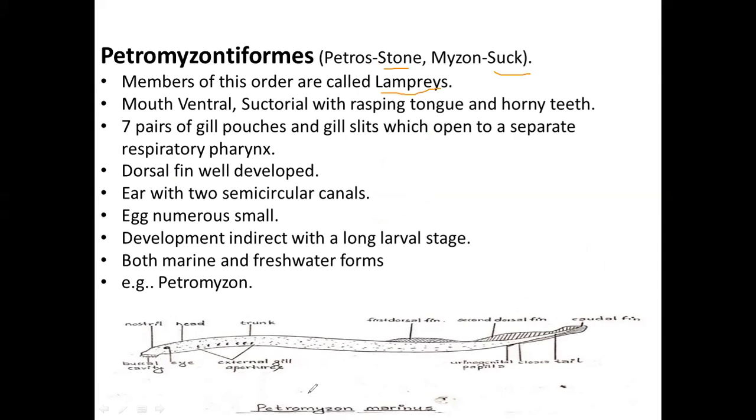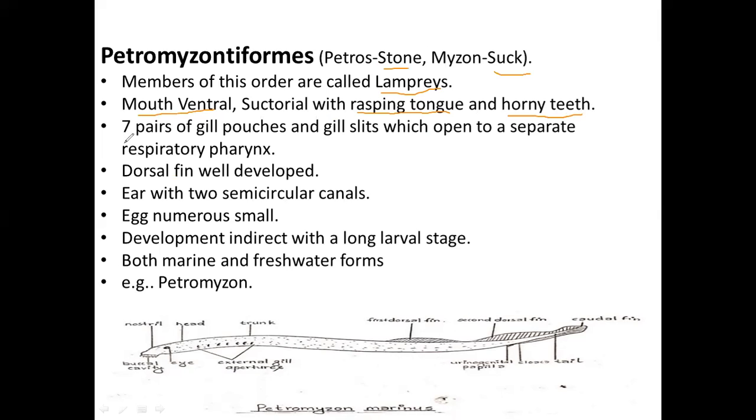This is the diagram of Petromyzon marinus. Go through the diagram once. The mouth is ventral in position and suctorial, with a rasping tongue and horny teeth. The rasping tongue means teeth are present on the tongue, so that the tongue can open and capture the prey.